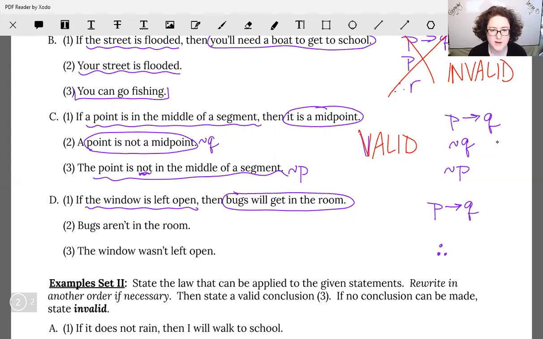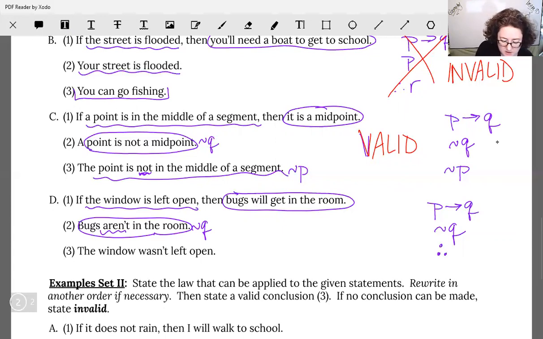Okay, so statement number 2, bugs aren't in the room. Huh, okay. Wait a second. That's the opposite of that Q statement again. So that's our "aren't in the room." So that's a not Q. So what's happening on this one? It looks like it's another contrapositive statement being rewritten. So the window wasn't left open. It was not left open.